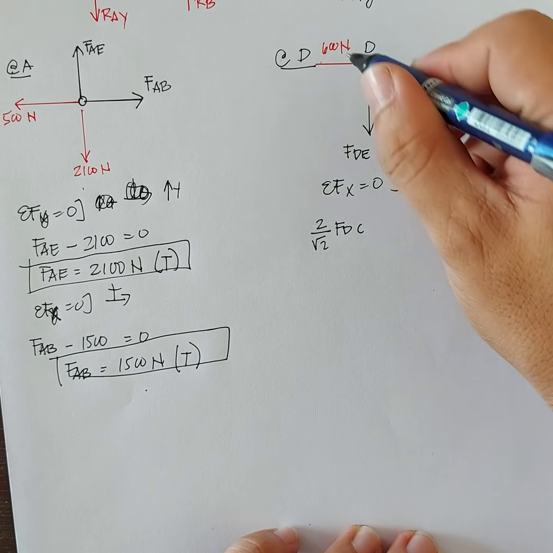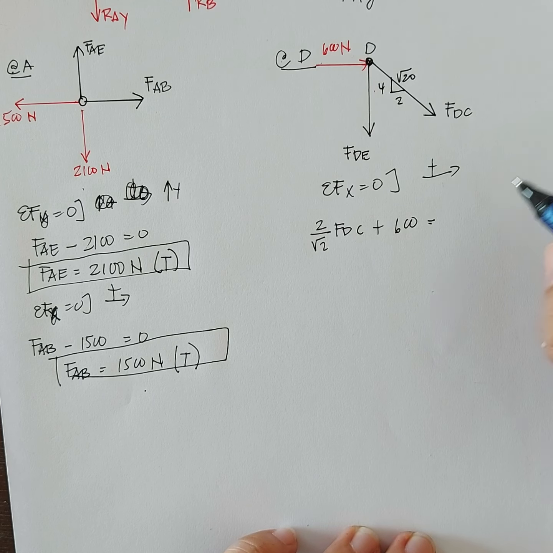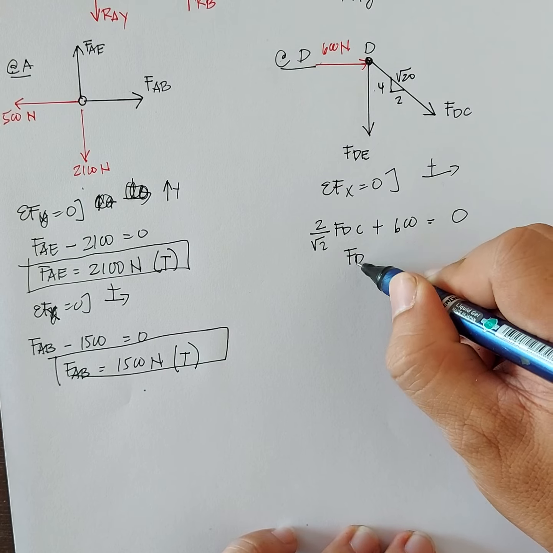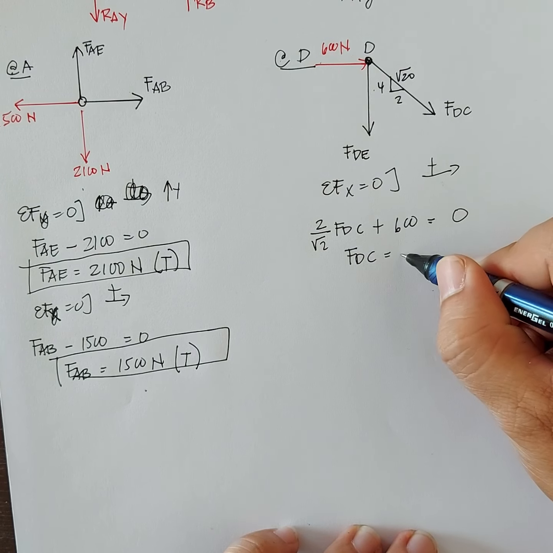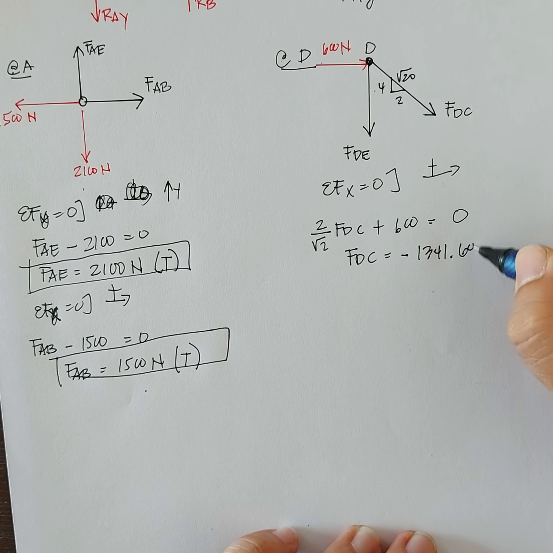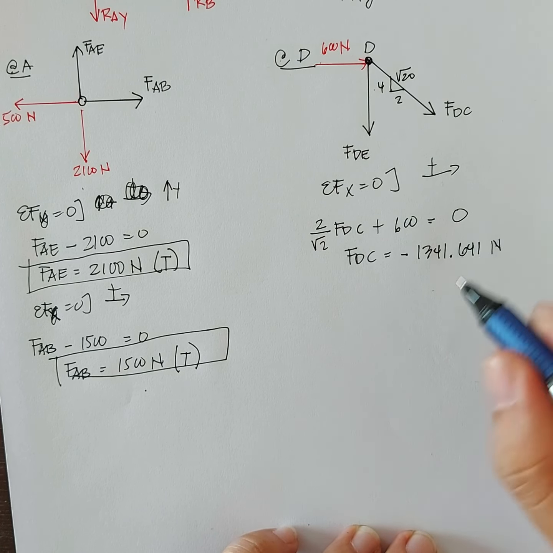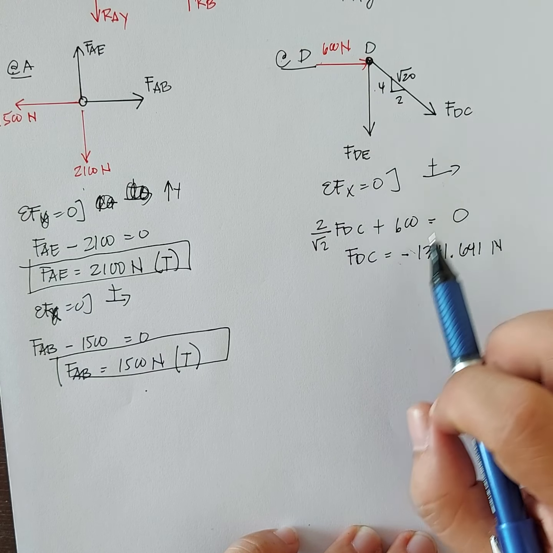Then, plus 600 equals 0. So, FDC is equal to negative 1341.641 newtons.